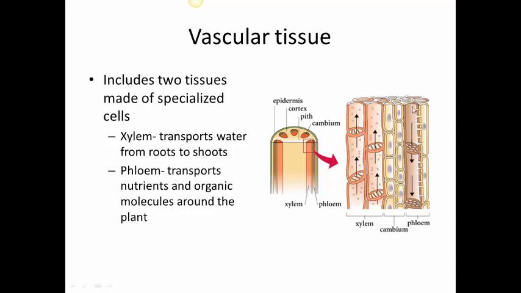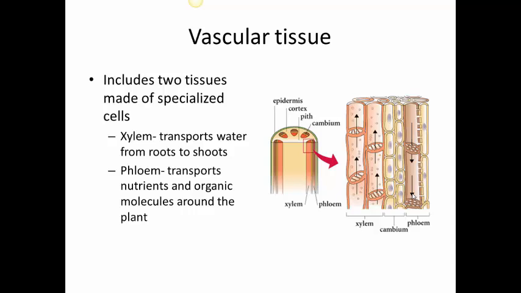So I want to point out, this arrow shows the dominant direction of flow in the phloem as being down, but that's really not true. So phloem moves from a source to a sink. So at some times of the year, the source of organic molecules like carbohydrates is the leaves.